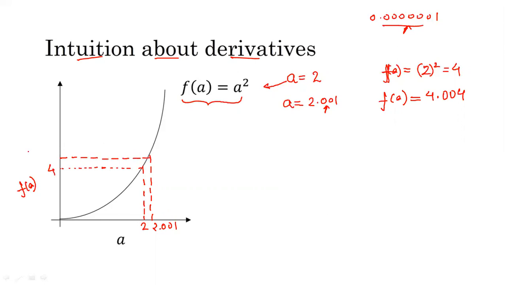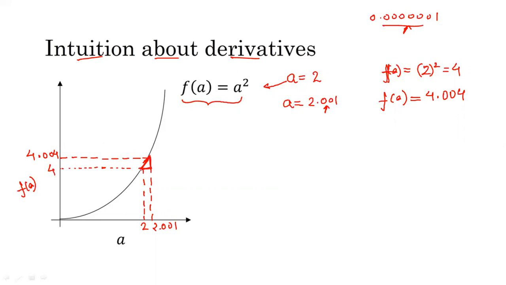So what will be our output? It would be 4.004. What we did in the previous video lecture, we drew a triangle. We are going to do a similar thing here also, so we are drawing a triangle.